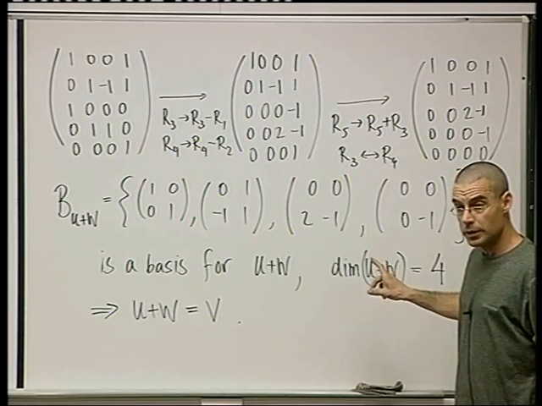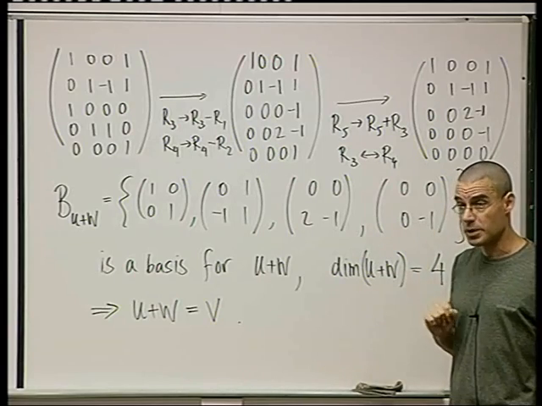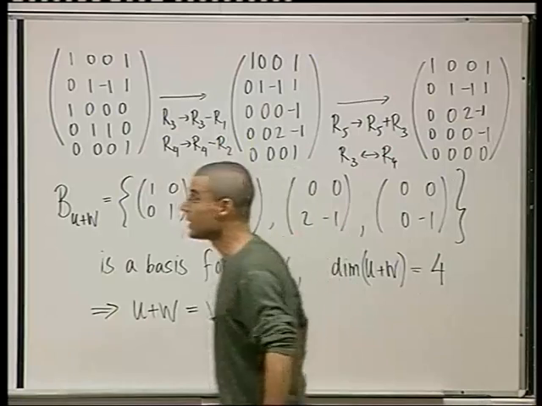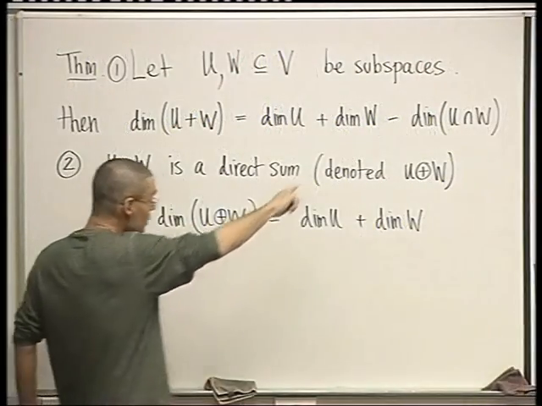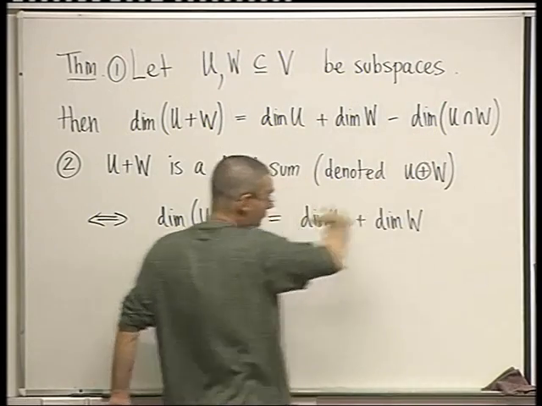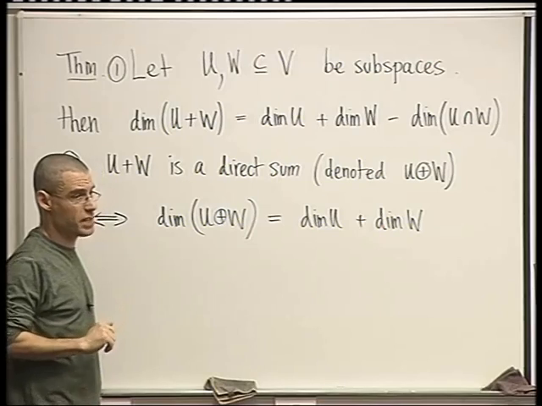One more subspace that we want to study is the intersection of U and W. That's also a subspace. Let's do that. So for that, I'm going to resort to this theorem, which is here. Okay? So before doing anything, I can say how big the intersection is going to be.